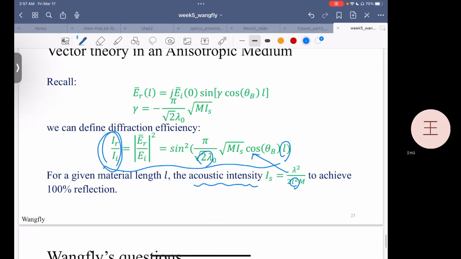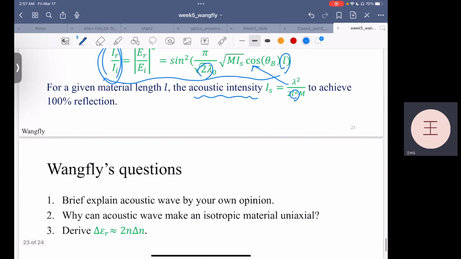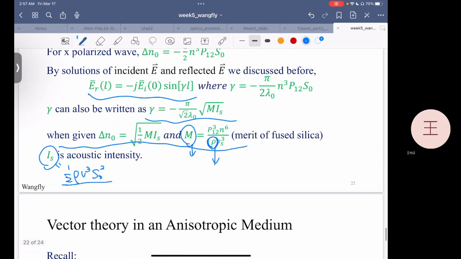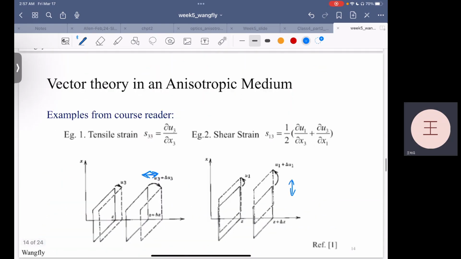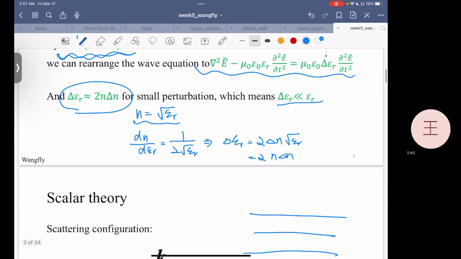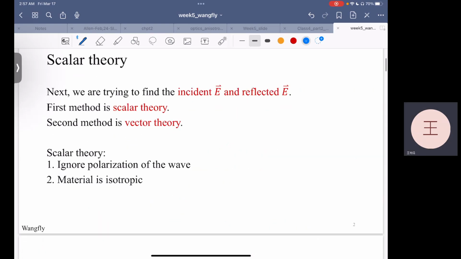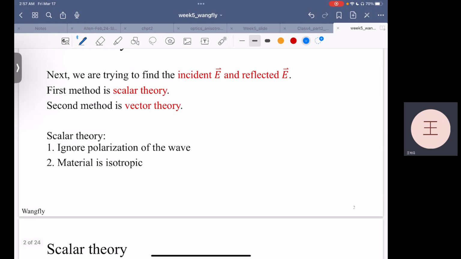So this is all about the scalar theory and the vector theory. So back to our summary. For scalar theory, we start with the basic concept and define some things. And for the vector theory, it's the most general case.